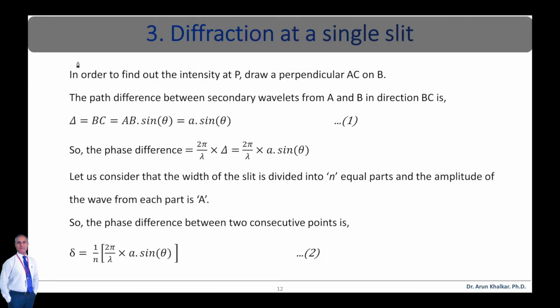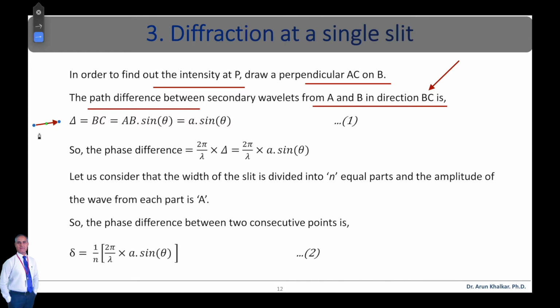Intensity equation at point P. For that, let's draw a perpendicular AC on B. If we want to calculate the path difference between the secondary wavelets coming from point A and point B in the direction of BC, then the path difference delta is equal to BC, that is equal to AB into sine of theta.